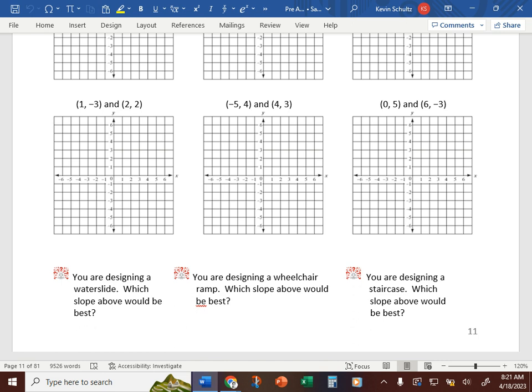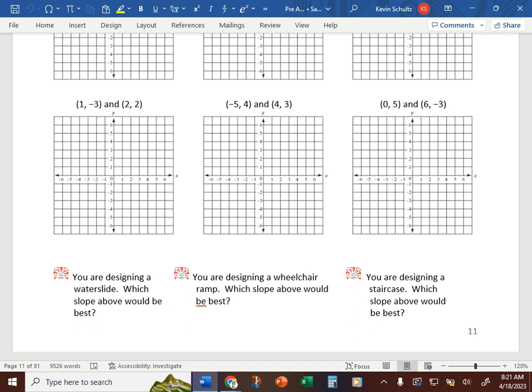Next one, you are designing a ramp for a wheelchair. Which slope above would be best? This one is less opinion. Okay, there are certain slopes that work for wheelchair ramps and certain ones that will not work for wheelchair ramps. Okay, decide which one is going to work the best. And finally, you are designing a staircase. Which slope above would be best? Okay, you think about the staircases that you have at home.